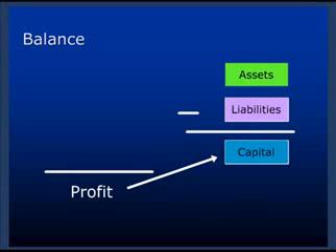Notice that the profit and loss doesn't directly relate to the balance sheet except through profit, which increases capital, and presumably profit will increase assets, whether that's cash in the bank or accounts receivable, but not exactly and not necessarily.